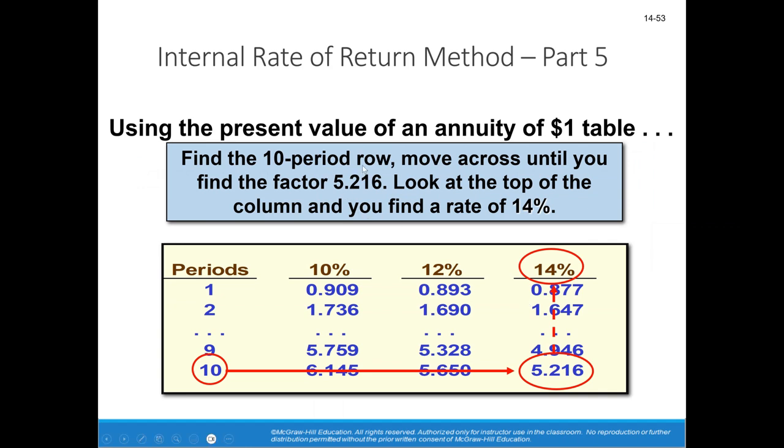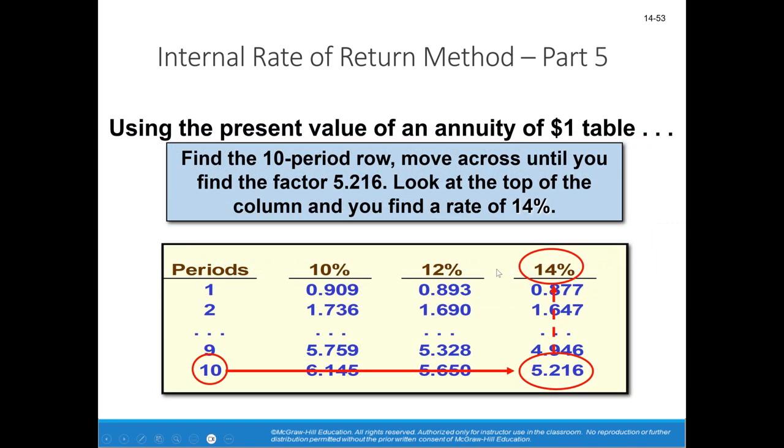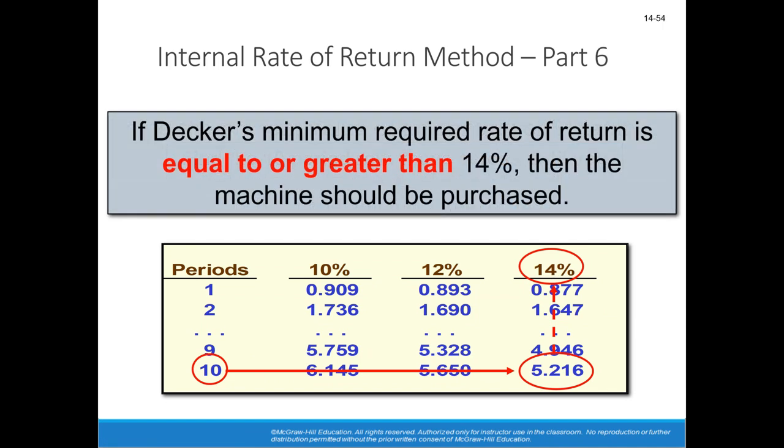So find the 10 period row, move across until we find 5.216. All right, so we have 104,320 divided by our annual cash flow gives us 5.216. And then we go to the tables and we're looking at 10 years at 5.216, and that means it's a 14% return. So if our cost of capital is less than 14%, we would do the project.